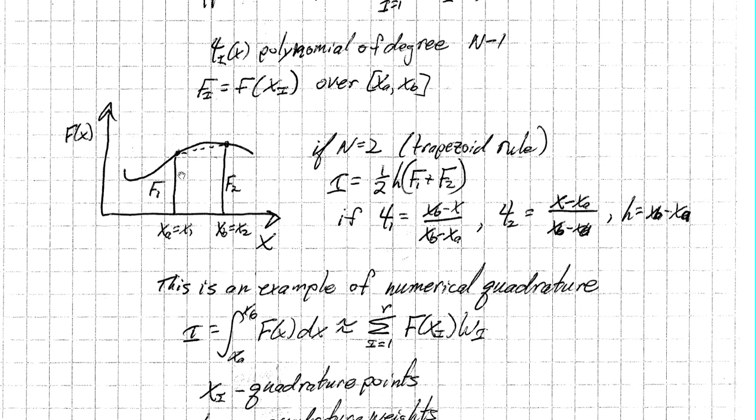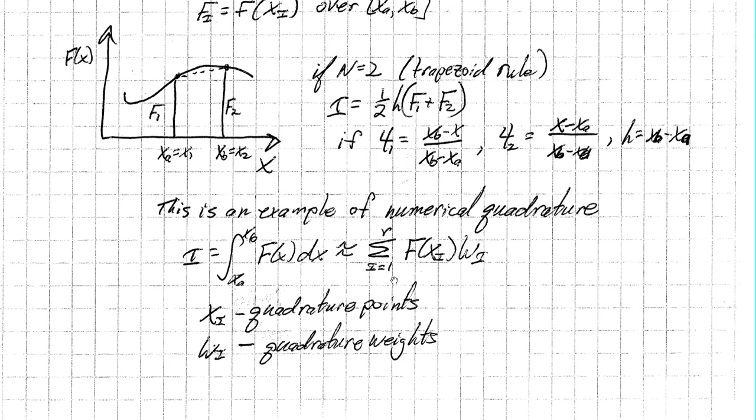Now the area under this trapezoid is how we're approximating the integral, where h is the length, and that's it.